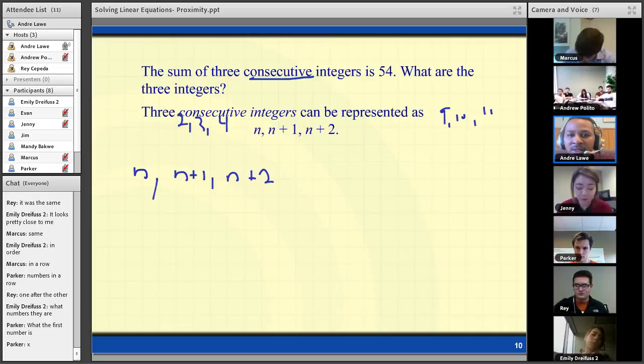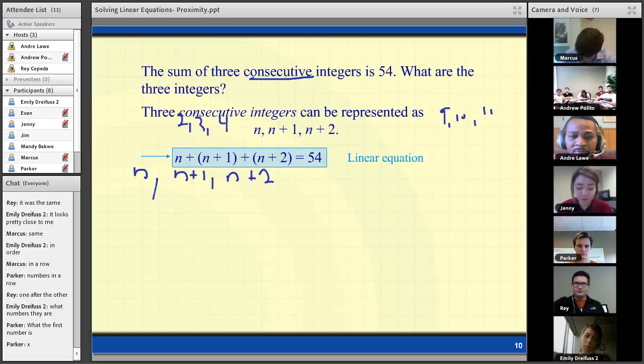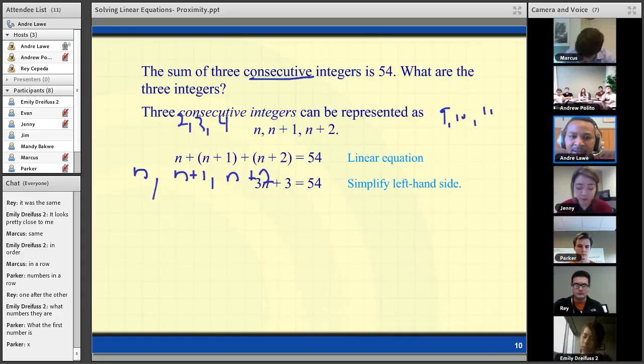So we know that the sum is 54. So we're going to write an expression using the sum of these 3 expressions. n plus n plus 1 plus n plus 2 equals 54. So there's our linear equation. Simplified, we can see there's an n plus another n plus another n.